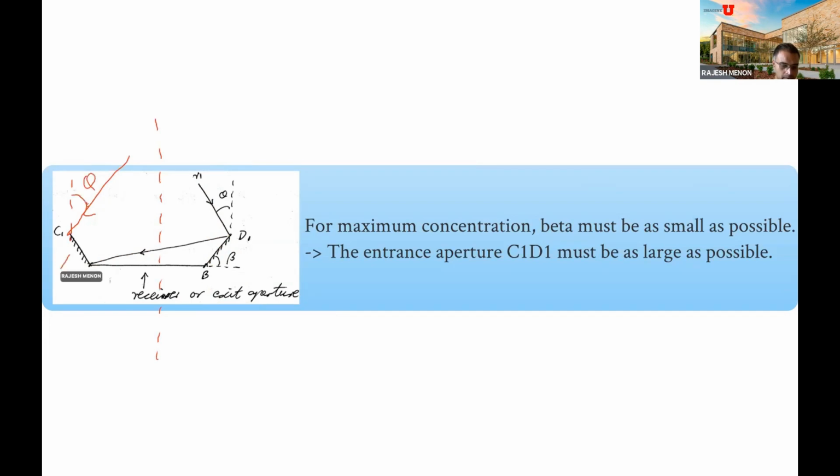And if I have this mirror AC1, I can redirect that ray to B. So now I have one edge ray, R1, going to A, and another edge ray going to B. If I'm able to do this, I know from the edge ray principle that any other rays which come at a smaller angle, anywhere in between, will end up in between these two points.